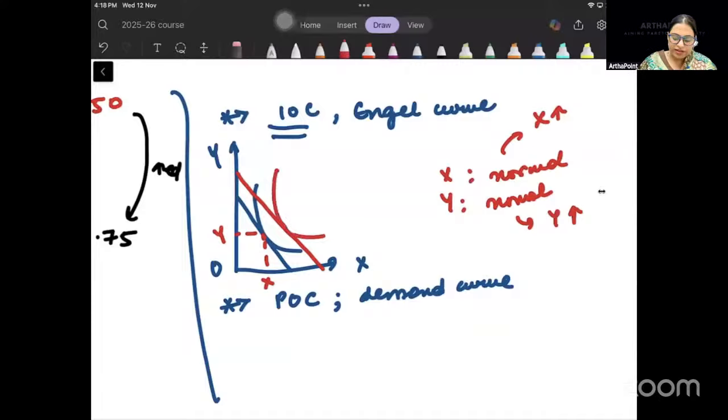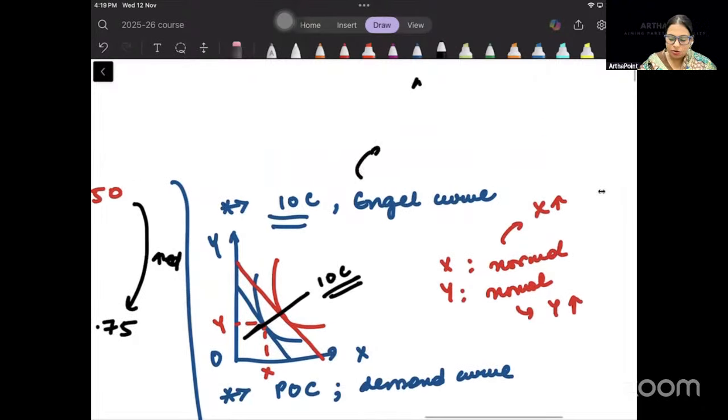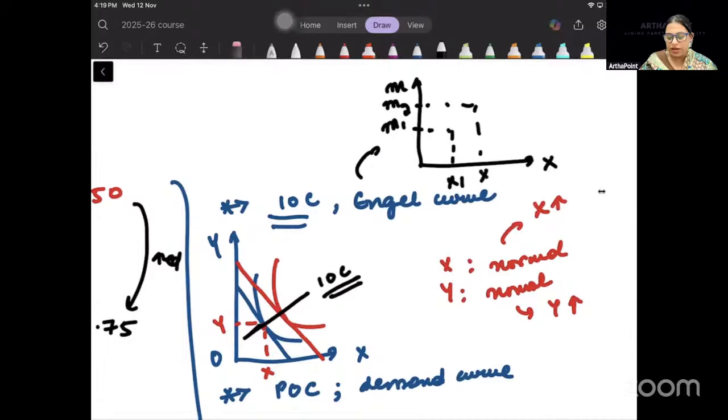I can move like this, join this and get my income offer curve. Engel curve is drawn between income and good X. Income and good X. So I had a certain amount of income, certain demand. Income increased, it is a normal good, demand increased, join this, get the Engel curve.